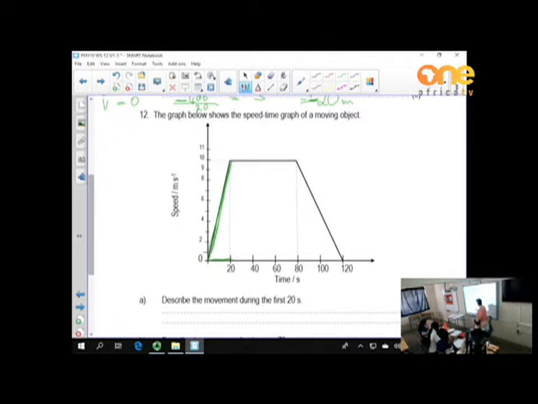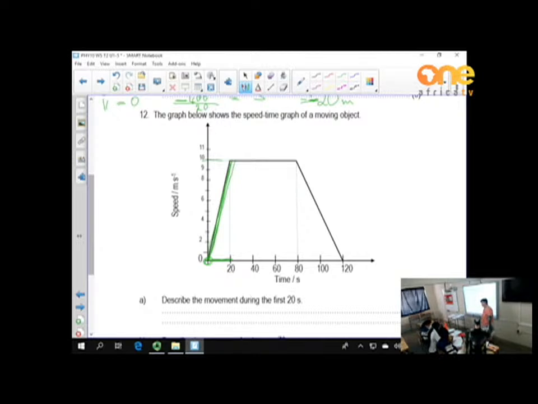So we can say the object starts from rest and accelerates constantly for 20 seconds to reach a speed of 10 meters per second. You can go one step further depending on the number of marks. What would the acceleration be? 10 over 20, which is 0.5 meters per second squared.